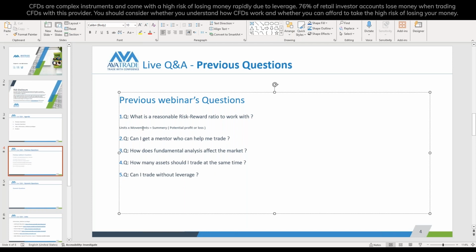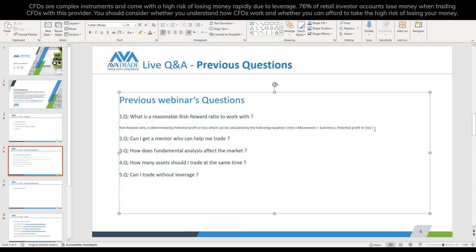But what I actually wanted to also add here is that risk reward ratio is determined by potential profit or loss, which can be calculated by the following equation, right?